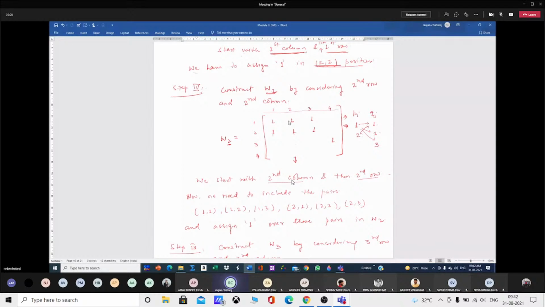So this is the final W2 matrix. Is it clear? Yes, sir. Okay. If anybody has any doubt, tell me, and I will repeat it again from the beginning.